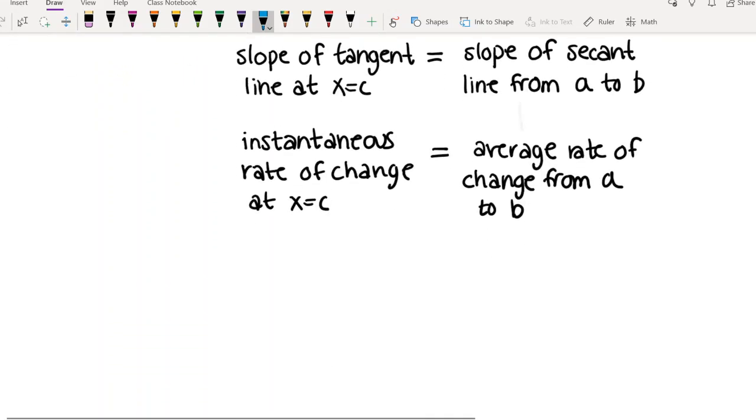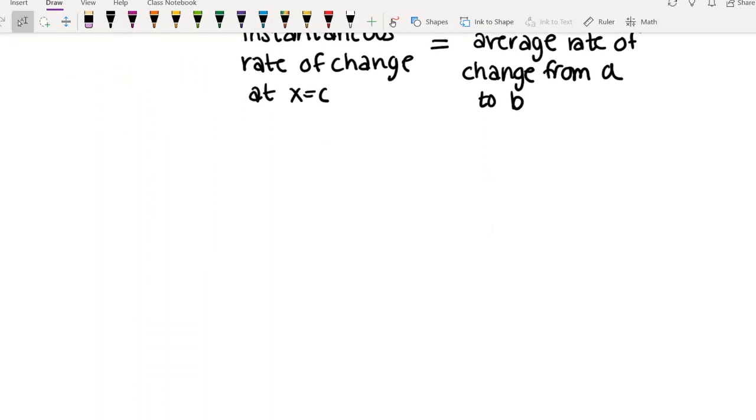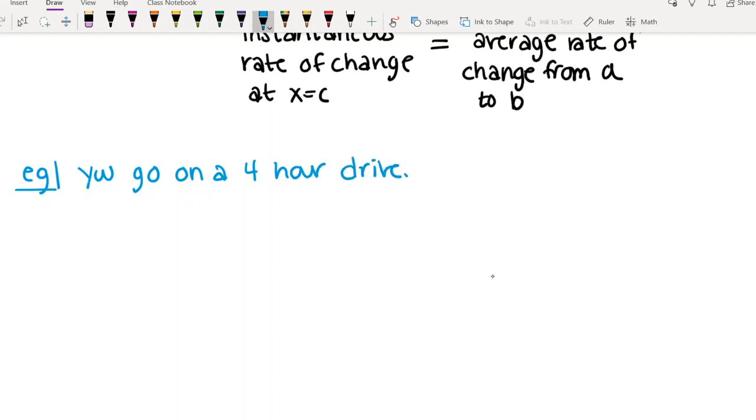One example of how you might think of this in a real world situation would be the following. Let's say that you go on a 4-hour drive and you travel a total of 200 miles.